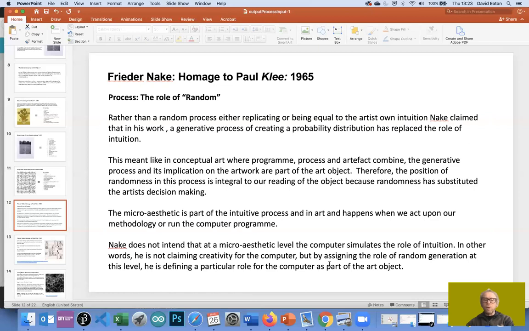Whether a computer can be creative is another discussion, much more an AI discussion. But within the work of someone like Nake, he's finding a way of bringing intuition at a micro level, the decision-making processes that go on when we make a work of art, and assigning that over to randomness.